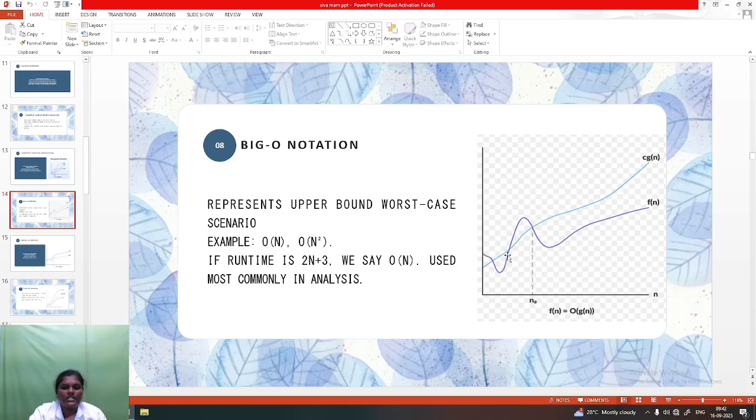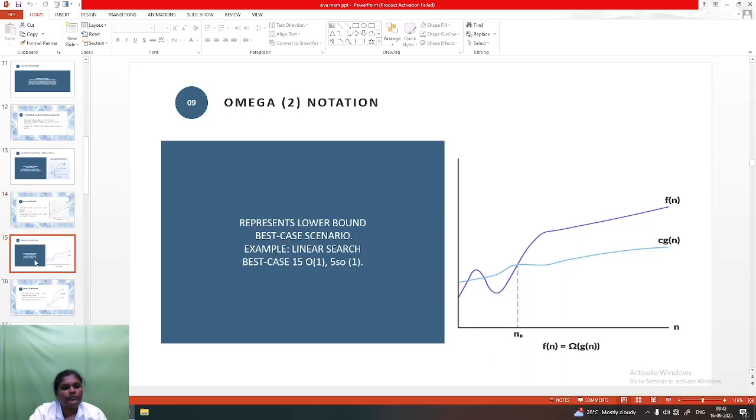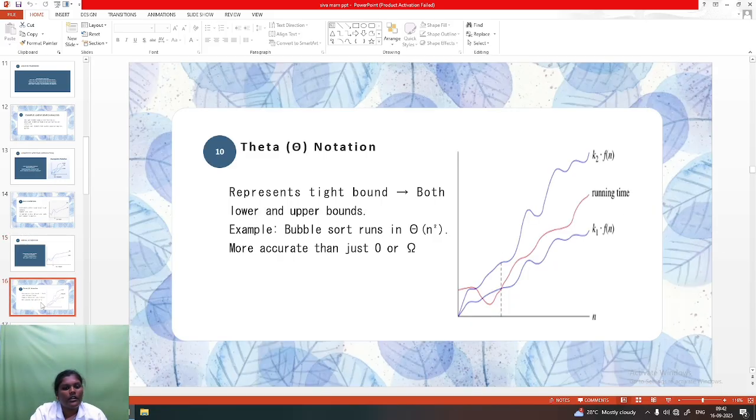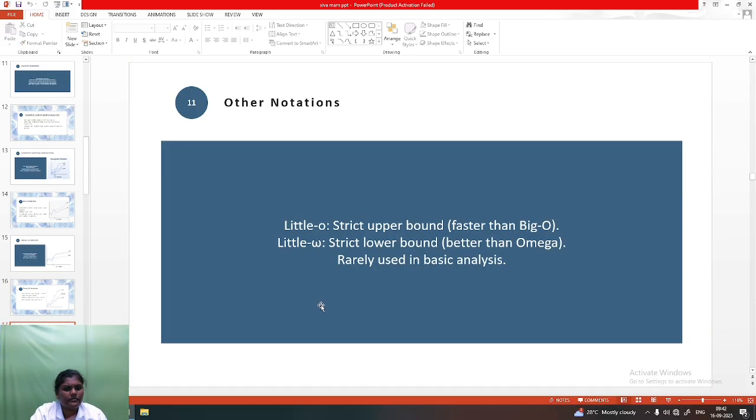The example diagram. Omega notation refers to the lower bound, the best case scenario. Example: linear search best case is omega of 1. The theta notation represents the tight bound, both lower and upper bound.